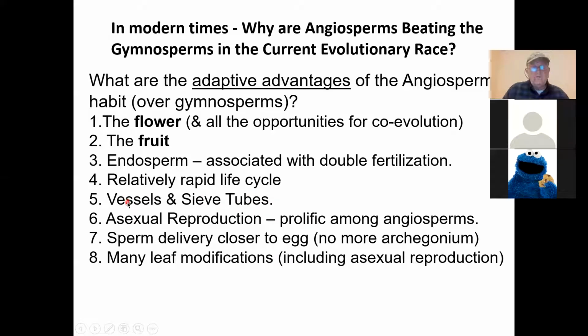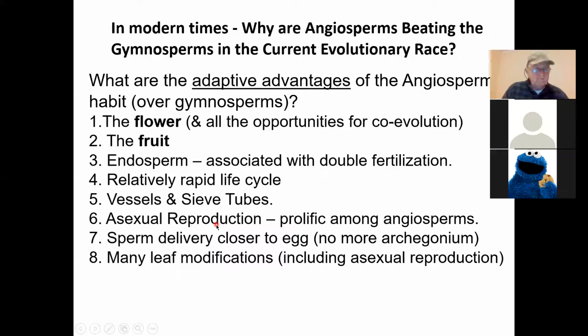Vessels and sieve tubes in angiosperms are kind of like giant culverts, whereas the counterparts in the gymnosperms are like garden hoses. Who's the better conductor? The angiosperms have better conductors of water and minerals and food than the gymnosperms do.